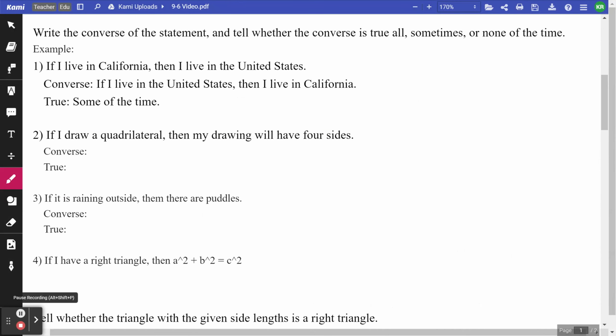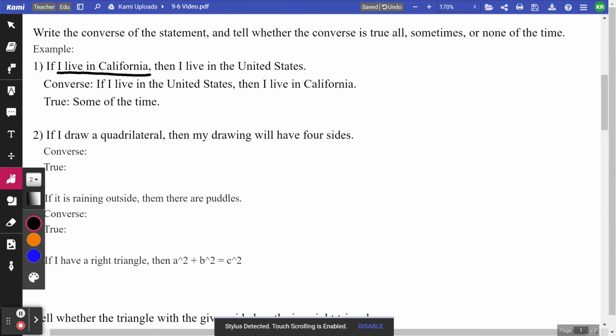So here are some examples. You're going to write the converse of the statement and then tell whether the converse is true all, sometimes, or none of the time. For example, if the statement is, if I live in California, then I live in the United States. That's our statement.